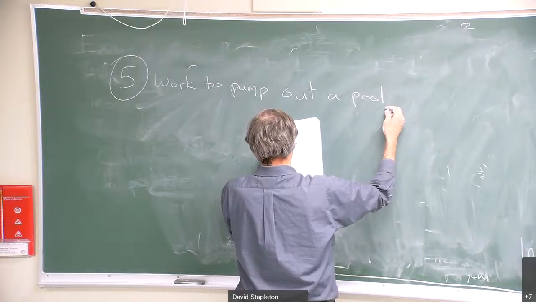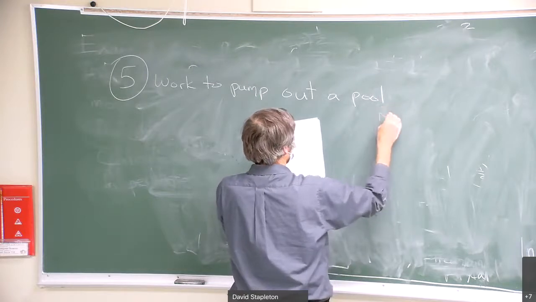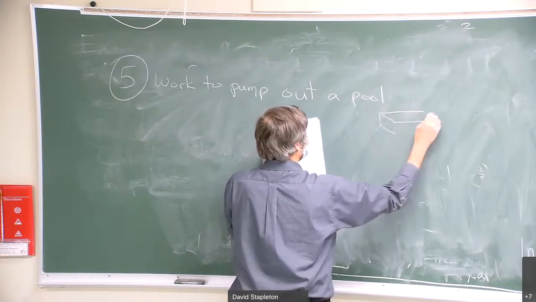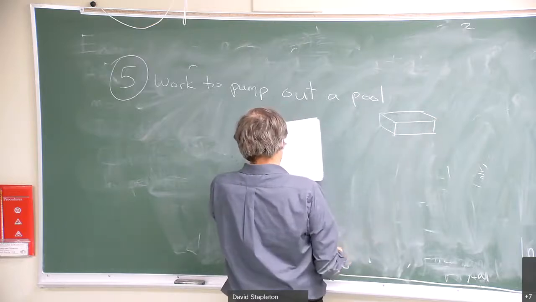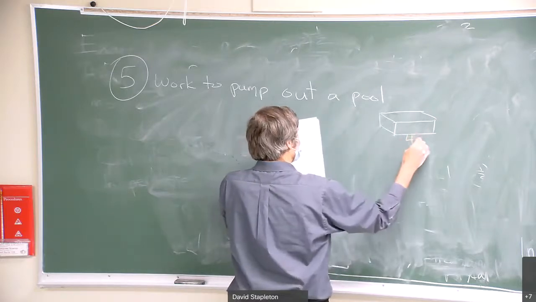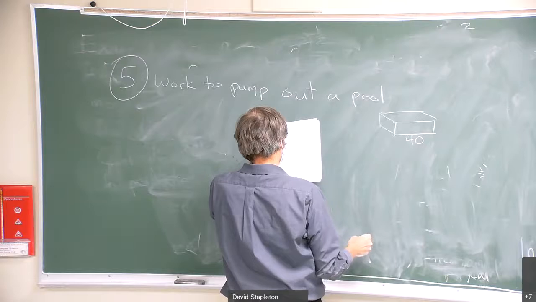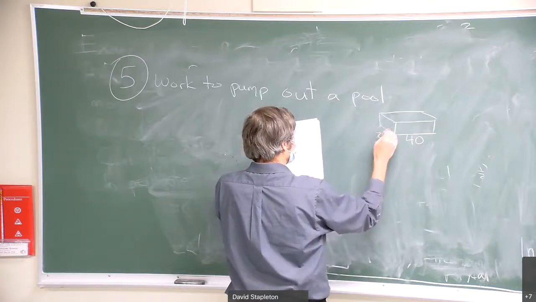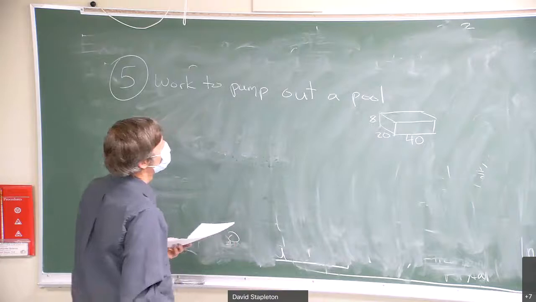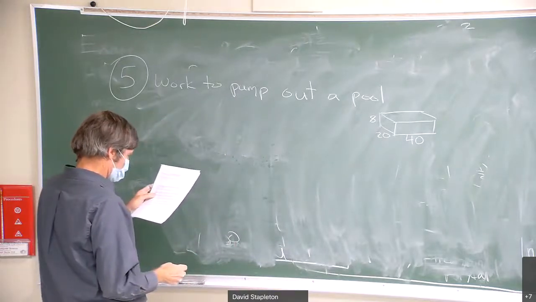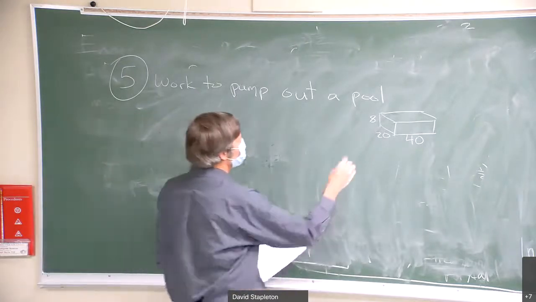If it's a rectangular parallelepiped, that's a fancy word for a rectangular box like that. So length 40 feet, width 20 feet, and depth 8 feet. Pump to the top.